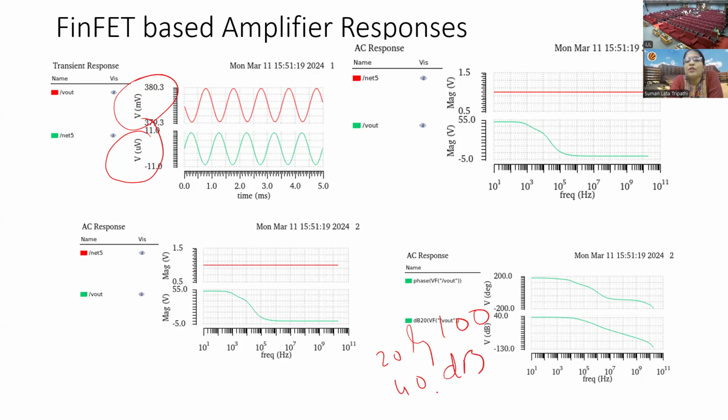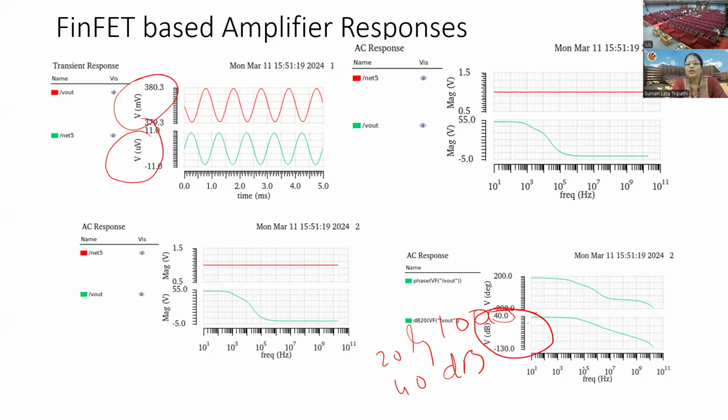If we are able to achieve more than 40 dB, it means it is good for the amplification purpose. Here in this diagram, although it is a basic amplifier architecture with FinFET, we are still able to manage the gain, and the maximum value shown here is 40 dB.